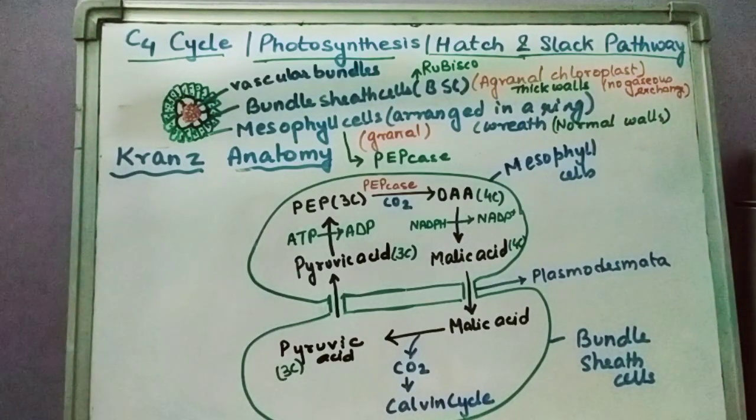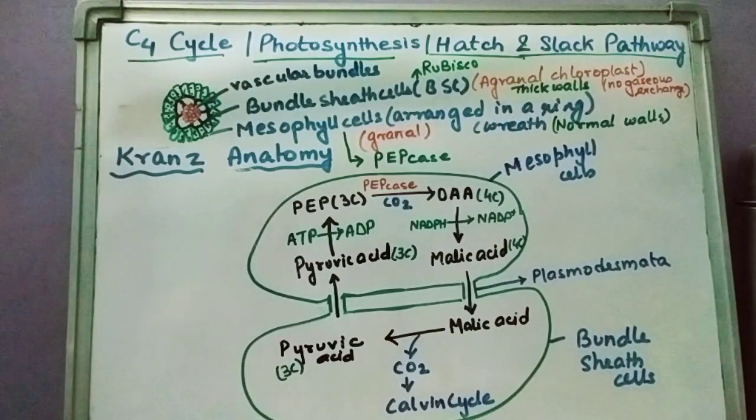So rubisco combines with both oxygen as well as carbon dioxide. If oxygen is more, rubisco easily combines with oxygen and photorespiration takes place in the C3 cycle. That's a complete waste process. But in the C4 cycle, no photorespiration takes place, hence it is a more efficient cycle than the C3 cycle.